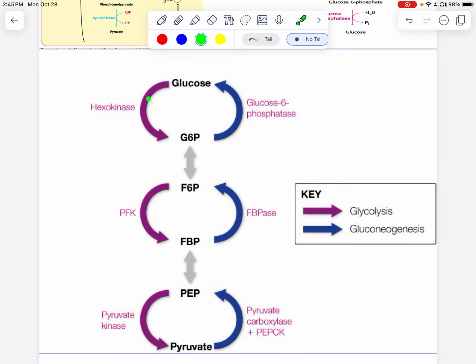If you remember, in glycolysis, hexokinase was regulatory, but not the key regulatory step. And the same is going to be true for the glucose 6-phosphatase. It's regulatory, but it's not the main regulatory step. If you remember, what really affected the hexokinase rate was the concentration of this glucose 6-phosphate. Right?